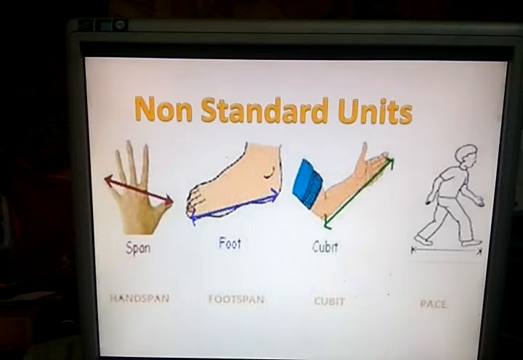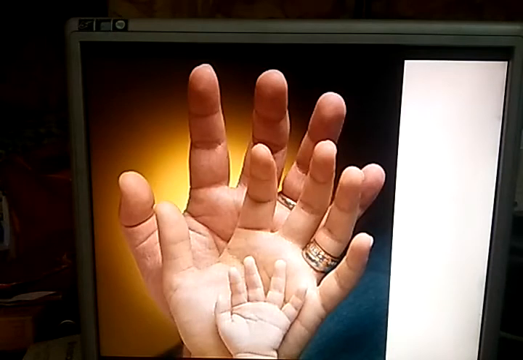If we use our handspan to measure length, the measurement taken by different persons will vary, as our handspans are not equal. You can see in the image. For example, a child's handspan is smaller than an adult's. So handspan, foot and cubit are non-standard units of measurement.